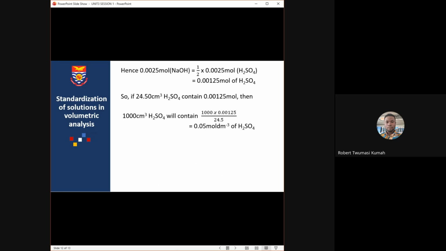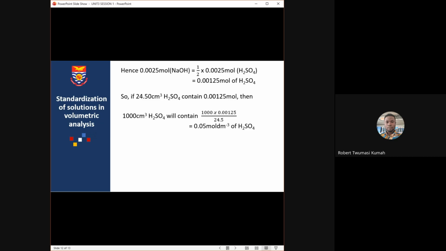So it's like the steps that we used to enter from the side of the sodium hydroxide, we are now going back from the side of the acid. So if 24.5 contains 0.00125, then 1,000 will contain what? We are going to have 1,000 times 0.00125 divided by 24.5, and that gives us 0.05 molar or mole per cubic decimeter. And that is the amount concentration. Like I said, we could have just used the formula straight away.